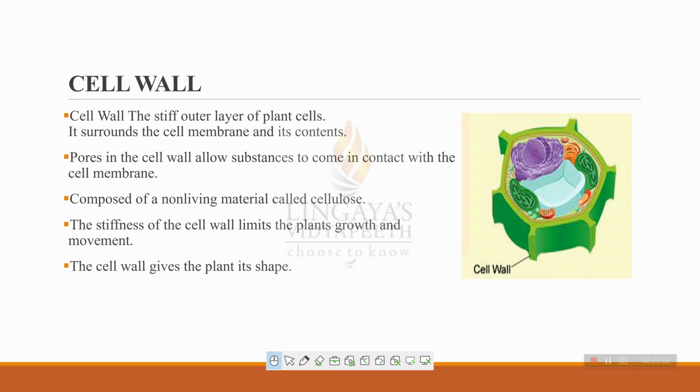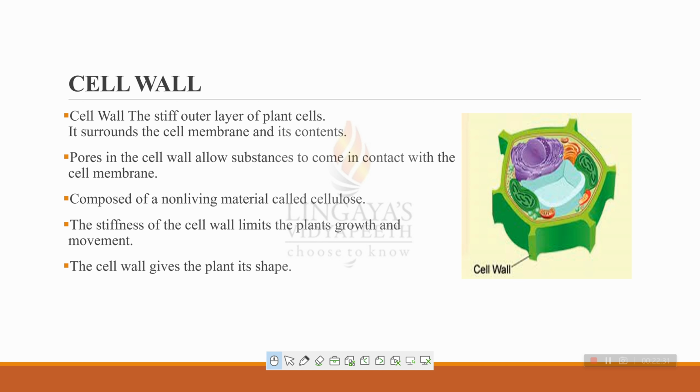Moving on, talking about the cell wall. The cell wall is a very important structure of the cell which helps in the protection of the cellular organelles. It is a stiff outer layer present at the outside of the cells, and it is semi-permeable, responsible for the entry and exit of different substances into the cell.